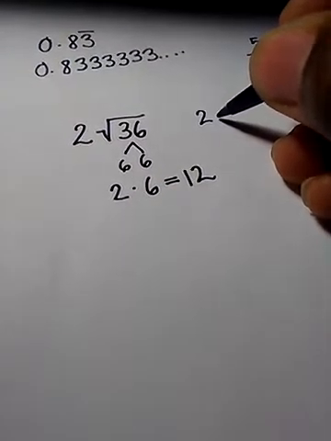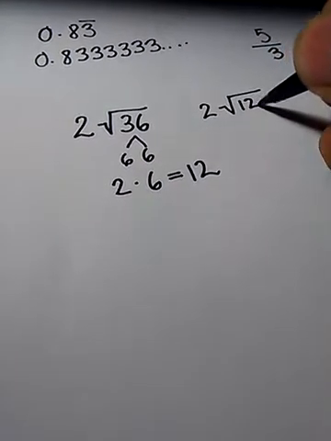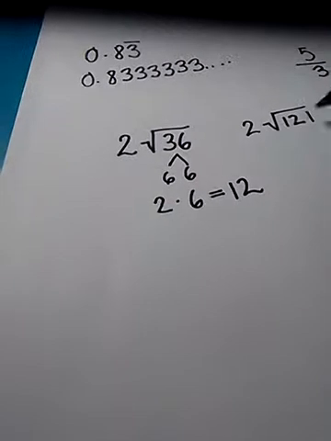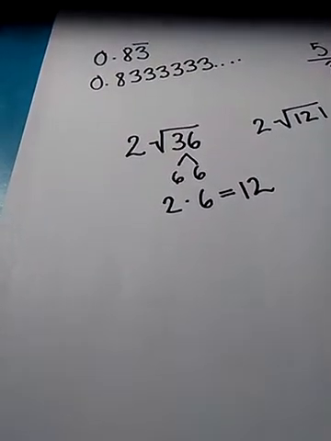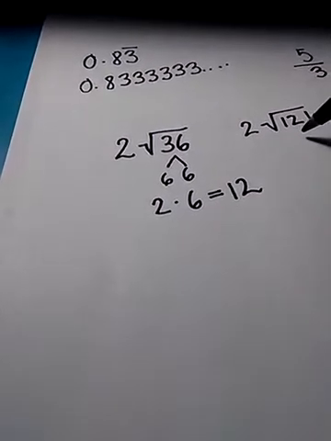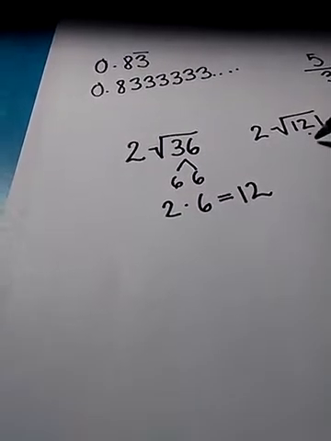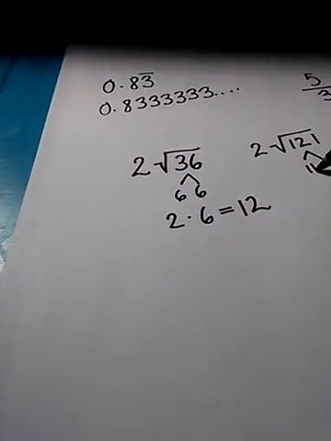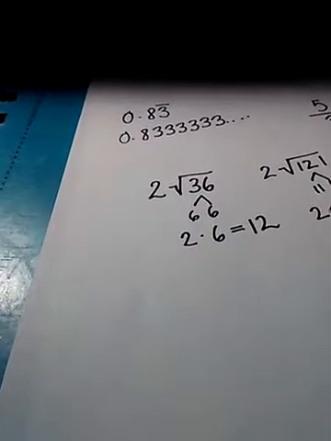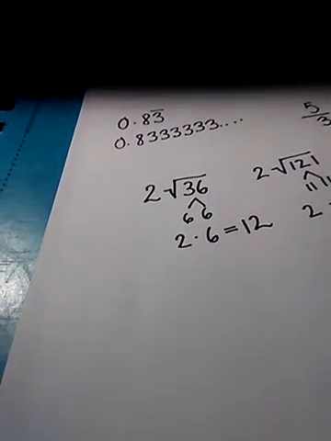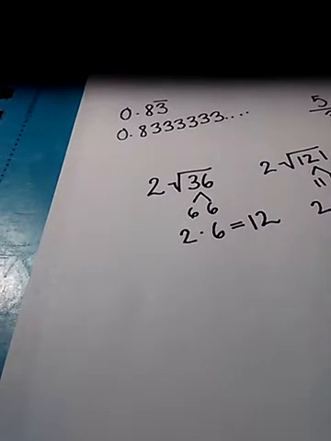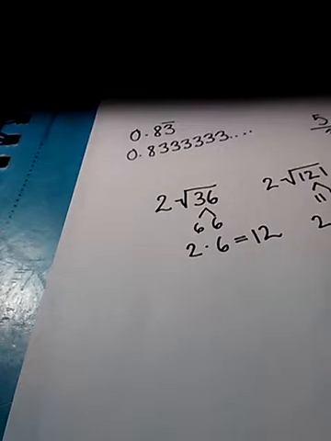Which number multiplies by itself to give you 121? That would be 11. So it'd be 2 times 11, and that equals 22.